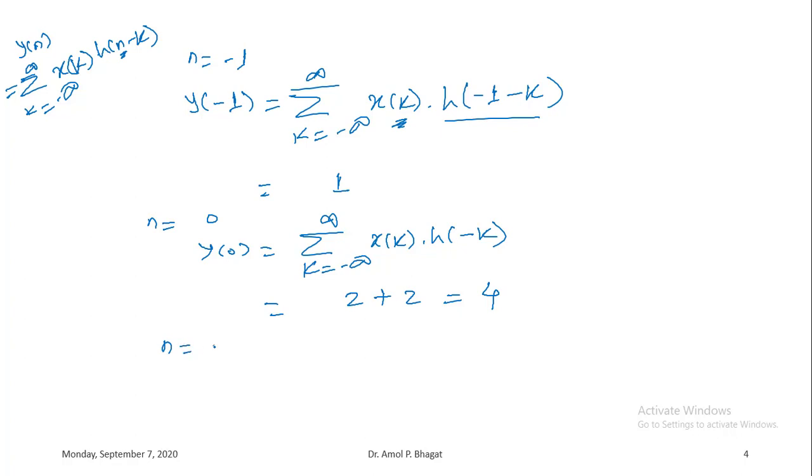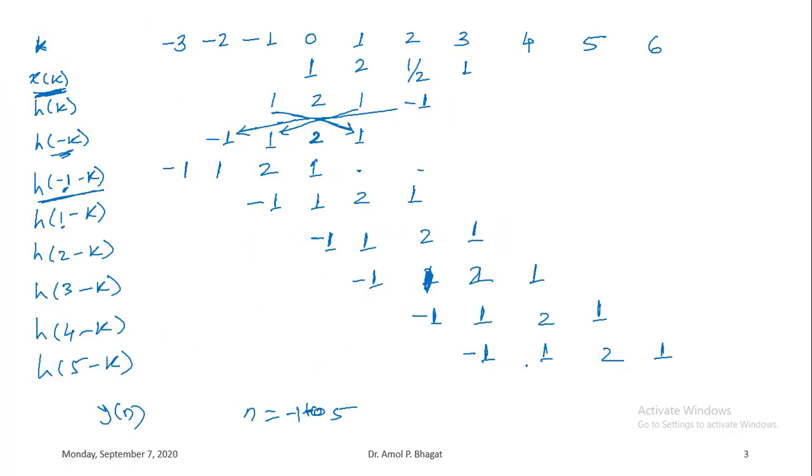Similarly for n equals 1, again you will write y of 1 equals summation k from minus infinity to infinity x of k into h of 1 minus k. So again we will be multiplying x of k with h of 1 minus k. Here it is minus 1, here no value means 0, right?